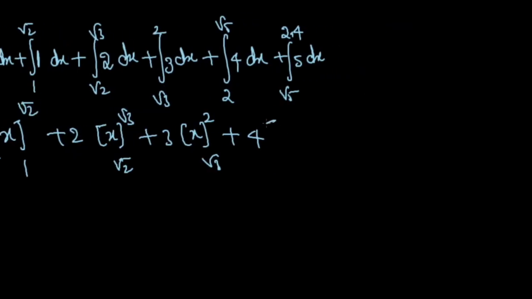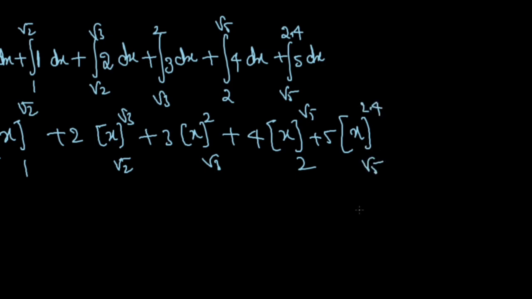Plus 4 times the integration of 1 dx, which is x, with limits 2 to root 5, plus 5 times the integration of 1, which is x, with limits root 5 to 2.4.